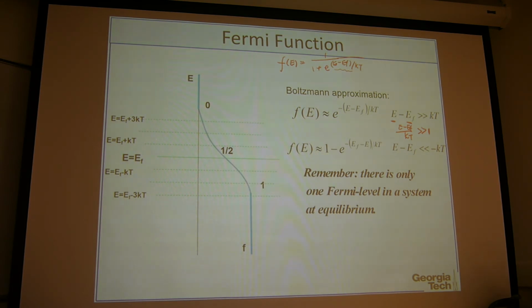If it's a very large number, you can basically ignore this 1. So it becomes 1 over e to the E minus EF over kT. And then this is the same as this one, because 1 over some exponential function, you can move the negative sign here.